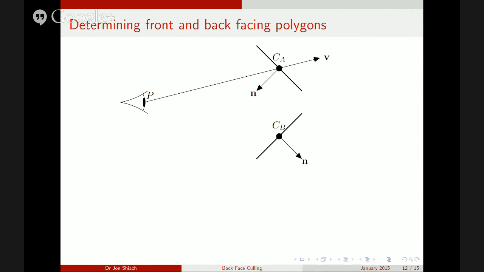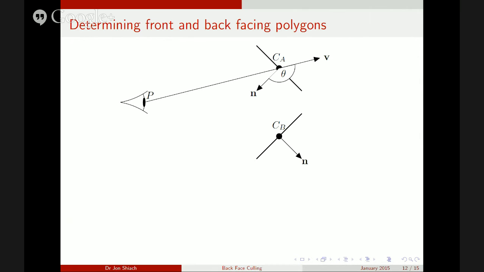Okay, so if we look at polygon A, I've drawn the vector V, which is a vector going from the viewing position, i.e. the eye, through the center of that polygon. Okay, so now I've got 2 vectors. I've got N and I've got V. And if I look at the angle between N and V, I'm going to call it theta, we can see that angle is greater than 90 degrees.